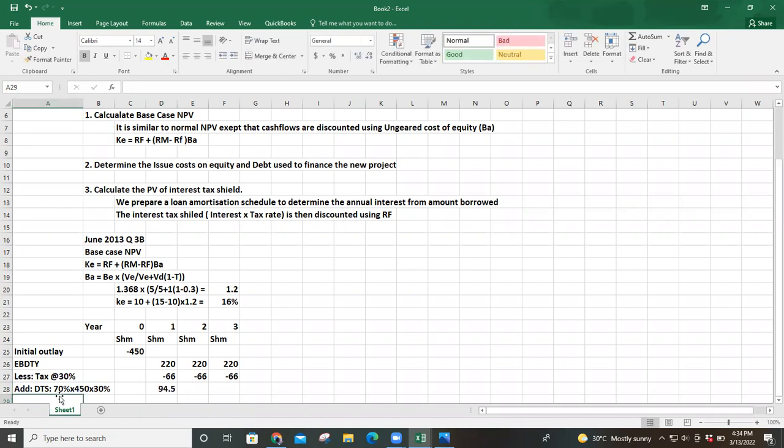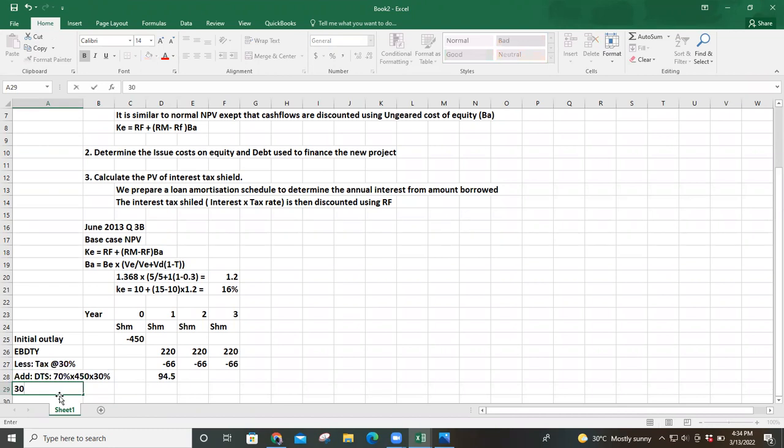Then the balance, the remaining 30% of the 450 times the tax rate, will be depreciated evenly. So that remaining 30% will be depreciated over the remaining 2 years. So we multiply by a half for each year, times 0.5.